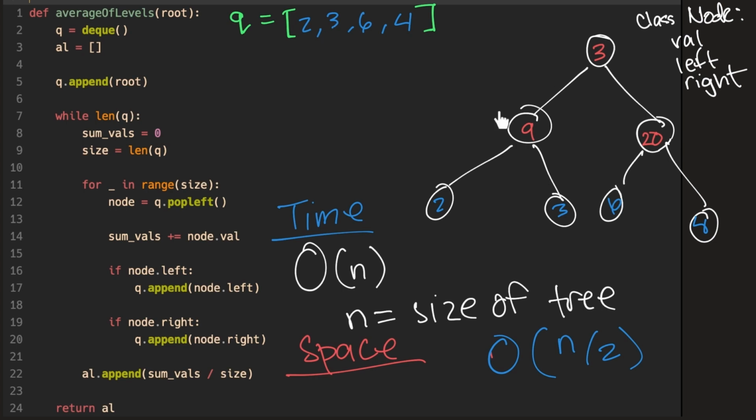So roughly, for a tree that looks like this, our space complexity would look like this, O of n divided by 2. But once again, we're going to ignore the constant, which would again make this just O of n. So here's another situation where in the worst case, our space complexity, or the number of nodes that our queue needs to hold, is O of n. And I hope that makes sense.